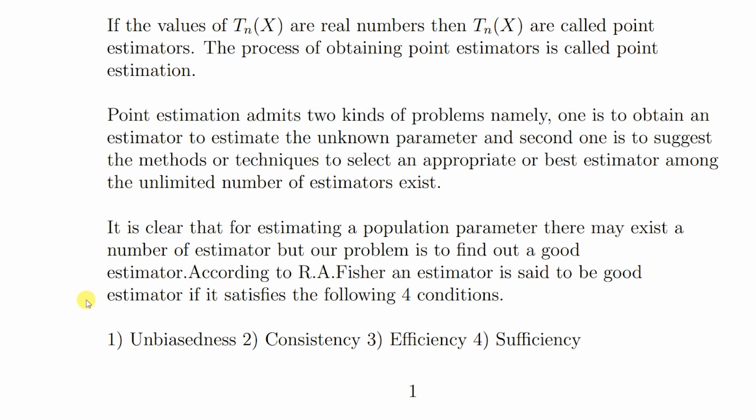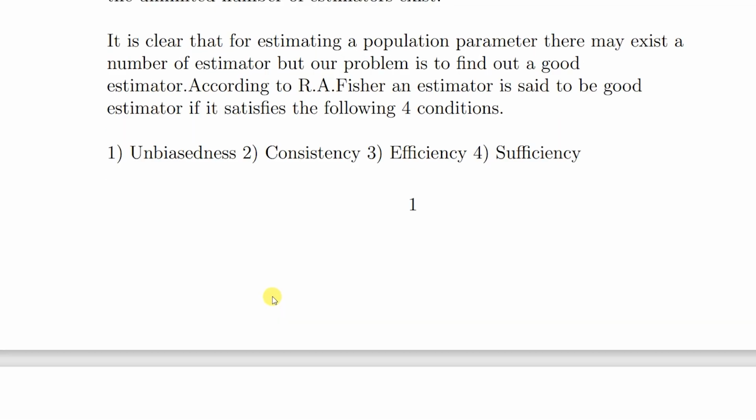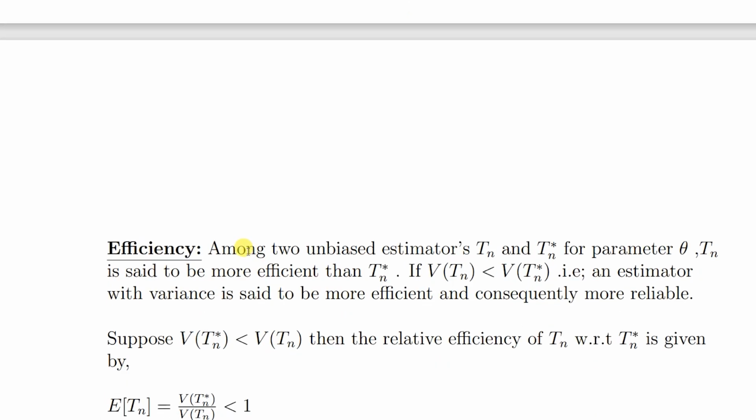So, for estimating a population parameter there may exist a number of estimators, but our problem is to find a good estimator. According to R.A. Fisher, an estimator is said to be good if it satisfies four conditions. Unbiasedness, consistency, efficiency and sufficiency. We have already discussed unbiasedness and consistency. Here we are going to discuss the efficiency of good estimators.